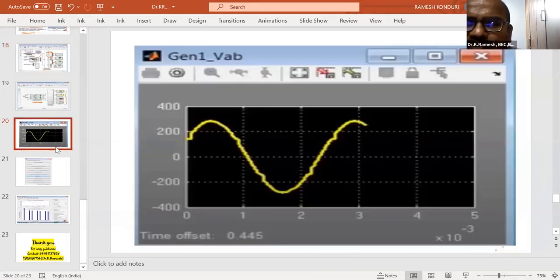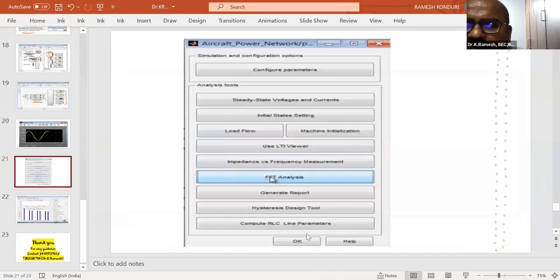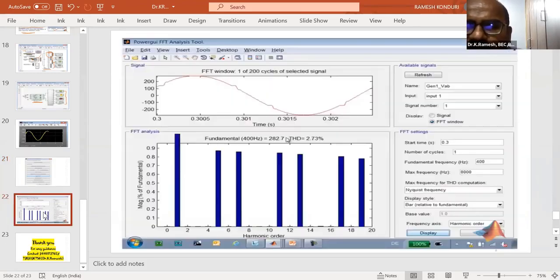This is taken for the FFT analysis, and once the FFT analysis is done, the total harmonic distortion is 2.73%. By reducing the THD, we are in a position to improve the quality of the power and to reduce the harmonic content.